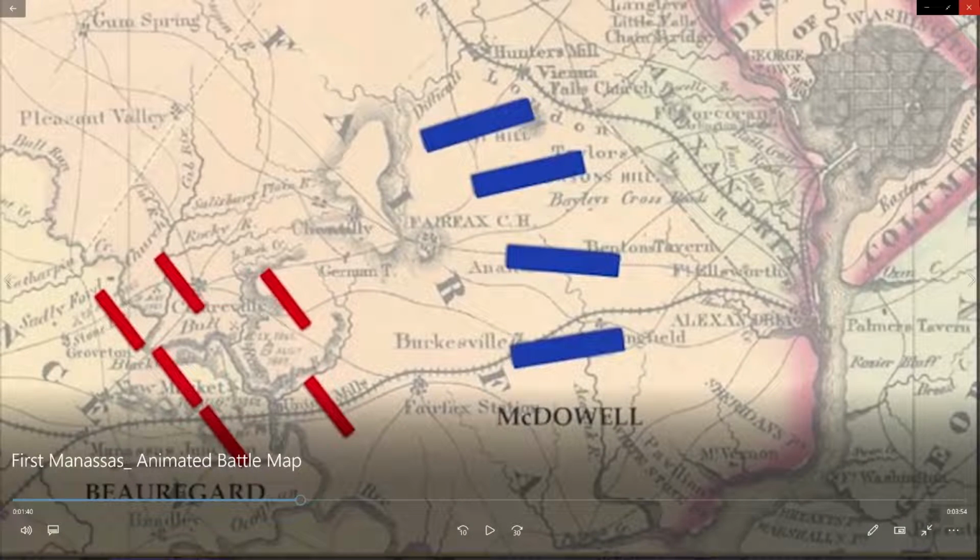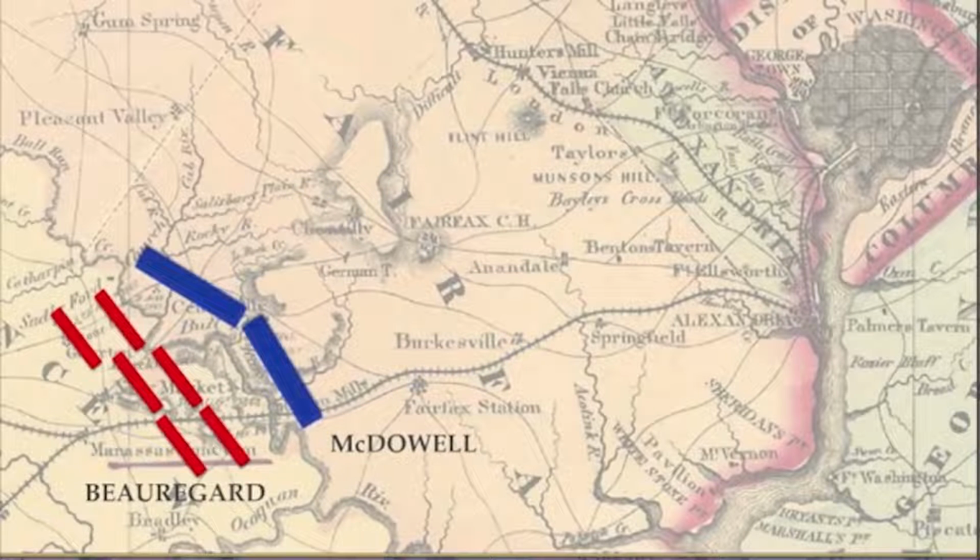Beauregard fell back to a position where he could defend the vital railroad junction at Manassas while protecting the roads to Richmond.